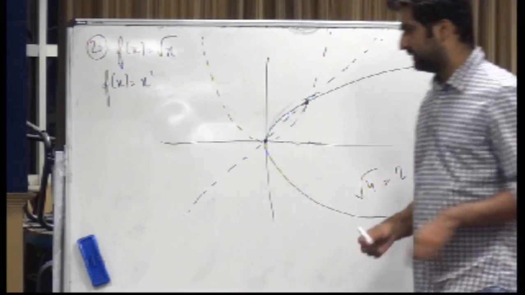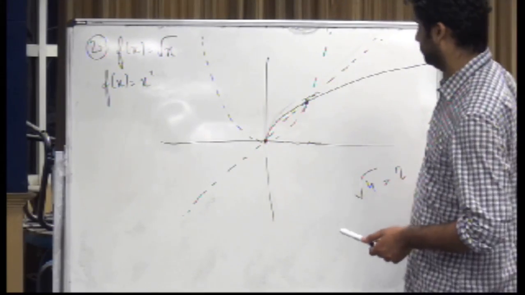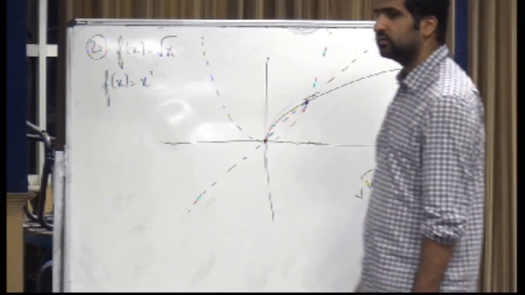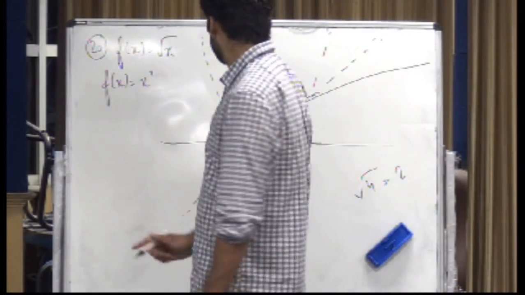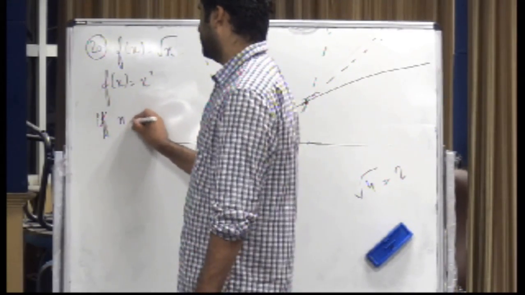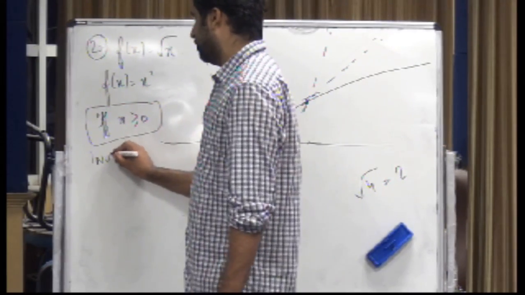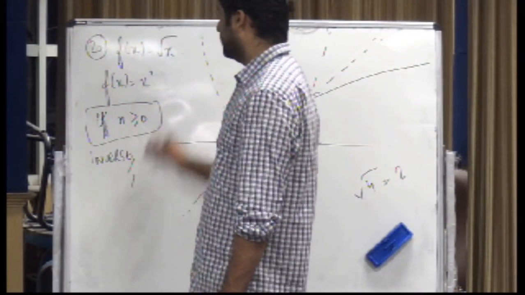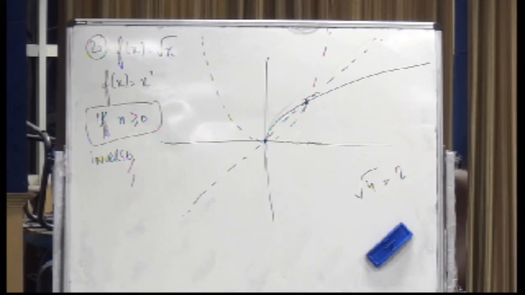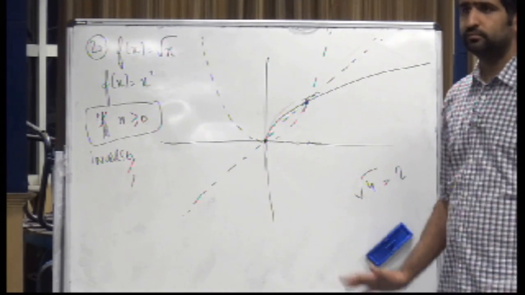In that case, it will be a relation. So therefore, the only part of the graph will be this one. So f(x) is equal to x square and f(x) is equal to root x are called inverse functions if and only if x is greater than or equal to 0. They are inverse functions only when x is greater than or equal to 0, because root x is defined only for this interval. Got this? Understood?